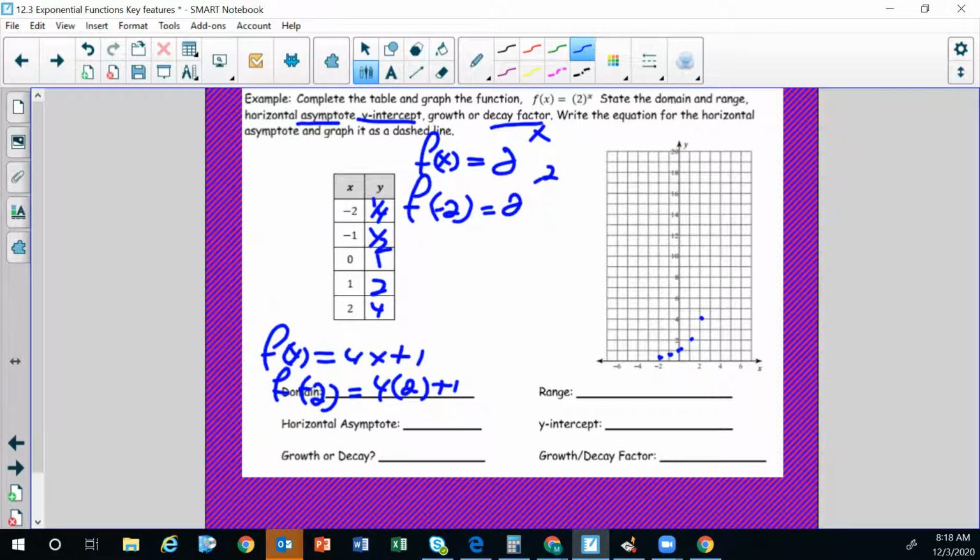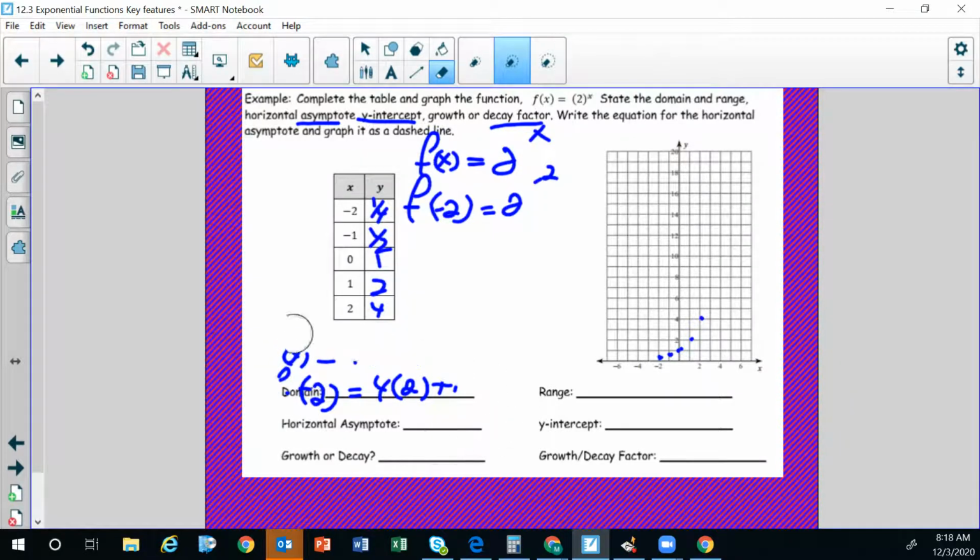All right. Okay, let me erase this really quick. Now, what is the y-intercept here on this graph? How do you find it out? Exactly. When x is 0, good point.